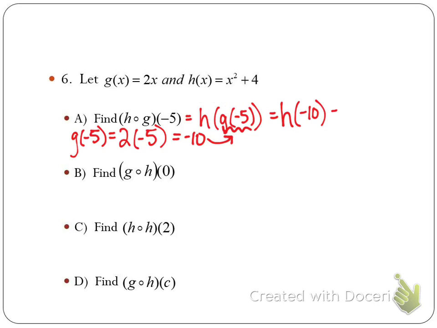And instead of an x, what are we going to put? Negative 10. Negative 10 squared plus 4. What is negative 10 squared? 100. 100 plus 4 is 104. Anybody get that? Few people? Good. Do we have questions about it?